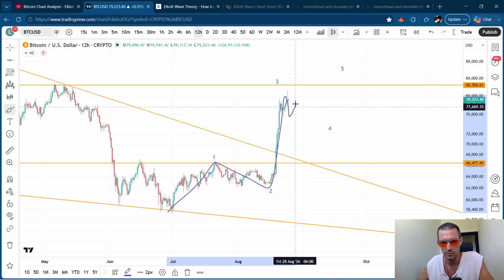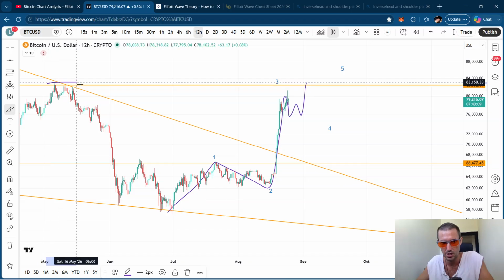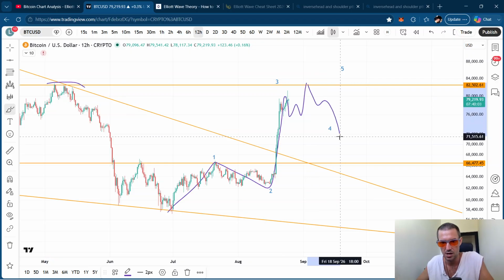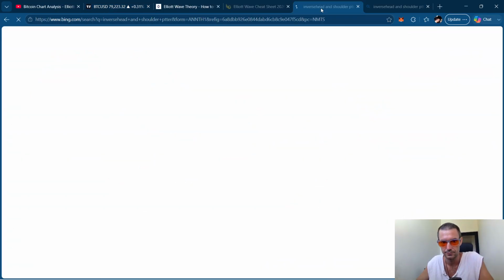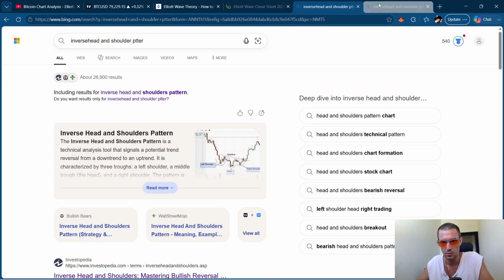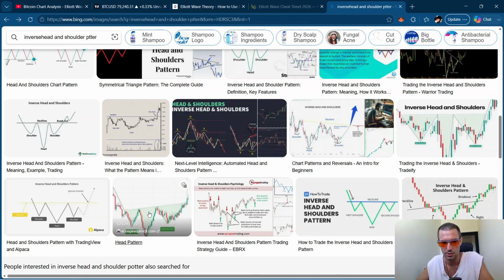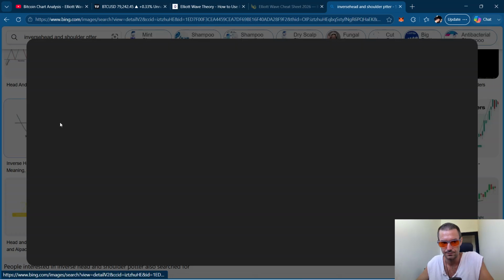We should potentially be seeing a longer consolidation here before a fifth wave impulse, likely getting rejected at this prior macro high at around 83, followed by an ABC correction down before a move up, which would look like an inverse head and shoulders pattern, which would look like this, essentially, right?